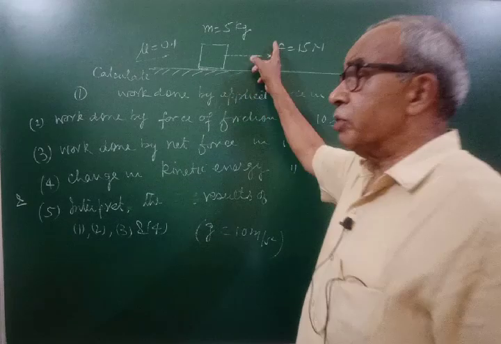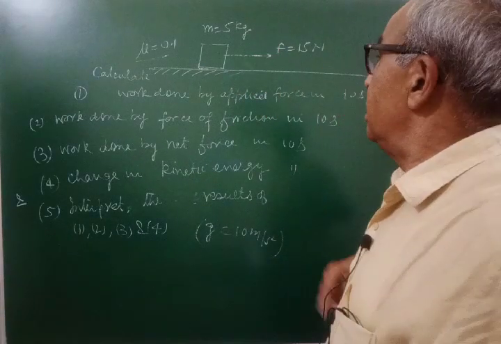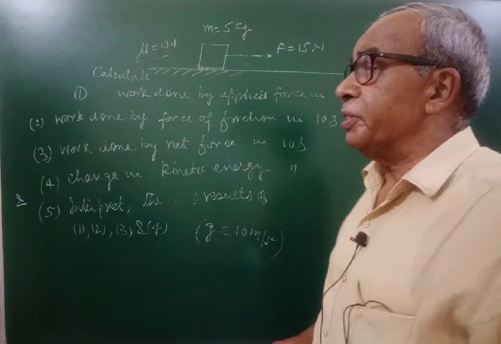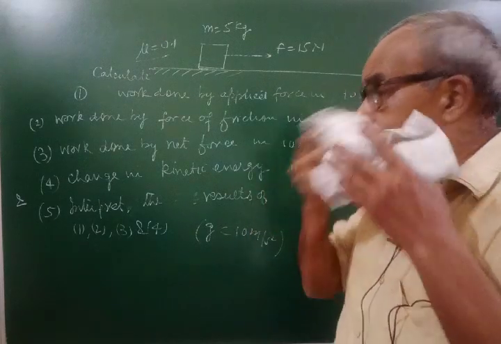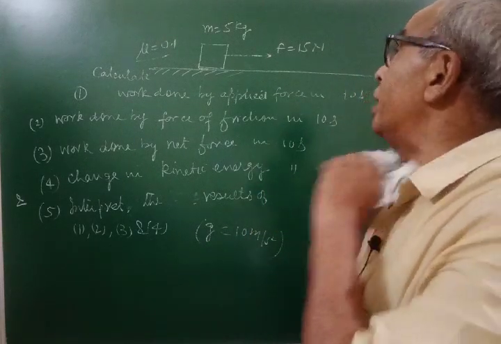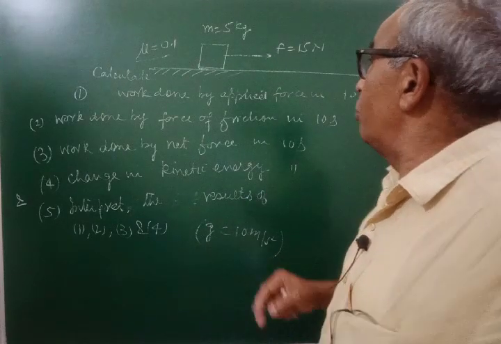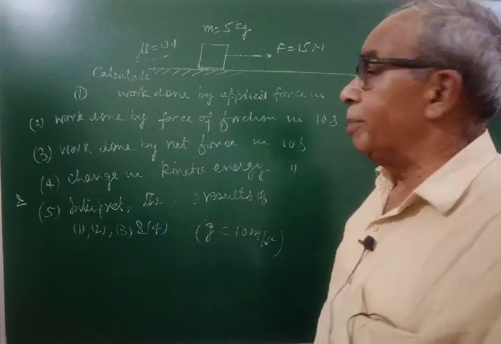Here a block of mass 5 kg is placed on a horizontal surface. The coefficient of friction between block and the surface is 0.1. A force of 15 Newton is applied from outside.